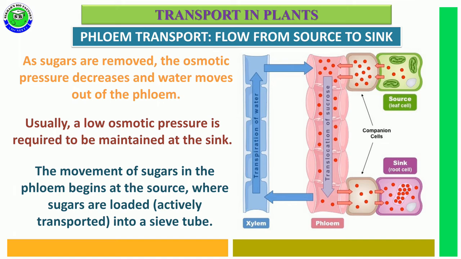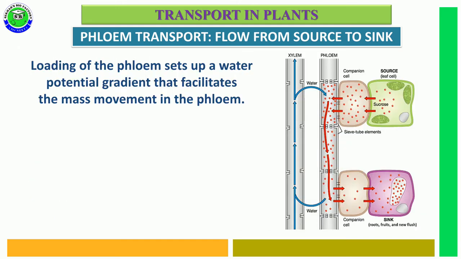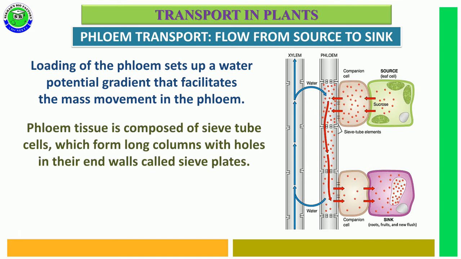Due to this pressure gradient, the movement of sugar, more specifically sucrose, through phloem begins at source, and sugars are loaded actively into sieve tube elements, and loading of phloem sets up a water potential gradient in phloem tissue.